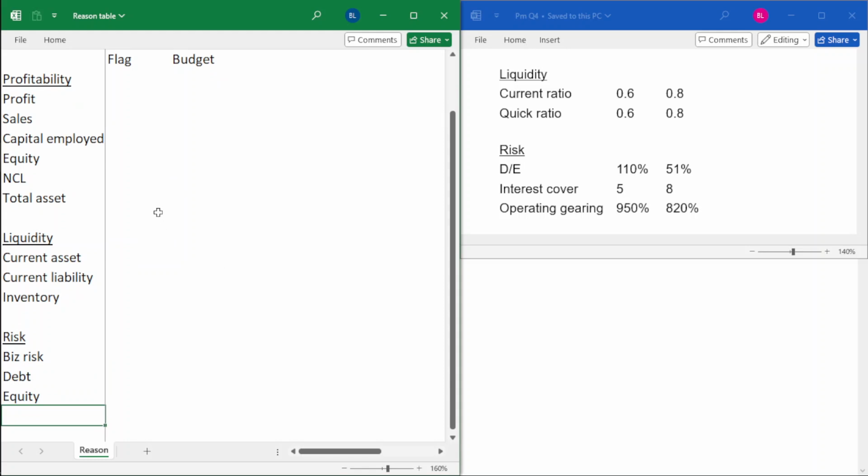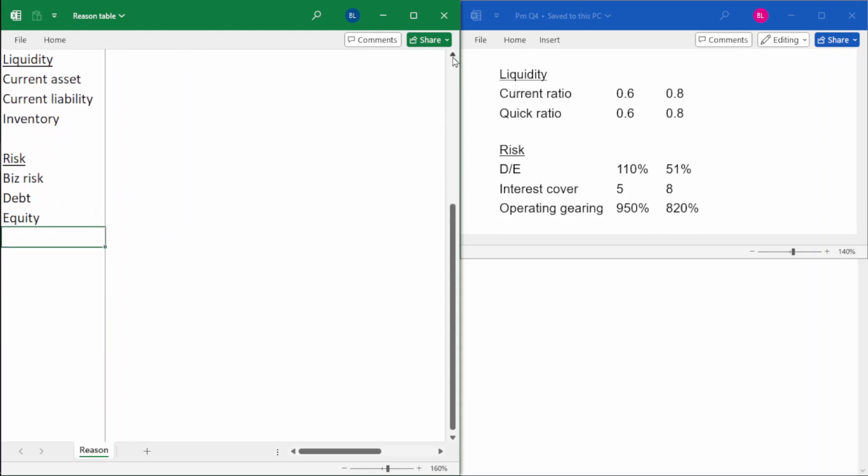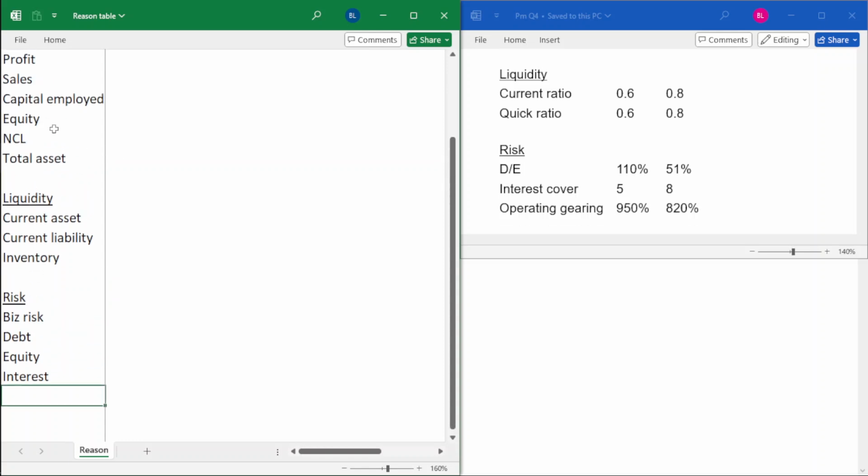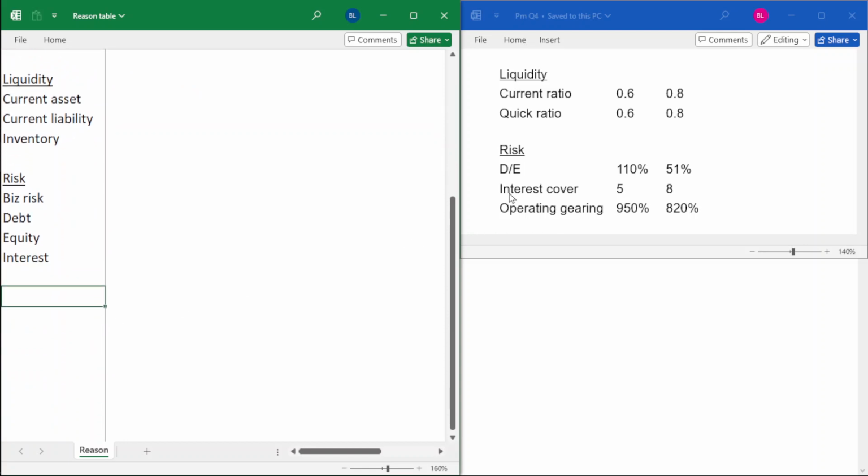Okay, let me scroll down. Interest cover involves profit, which we already included before. Then we have the operating gearing. Operating gearing, I'm not sure what that is, so just leave it.